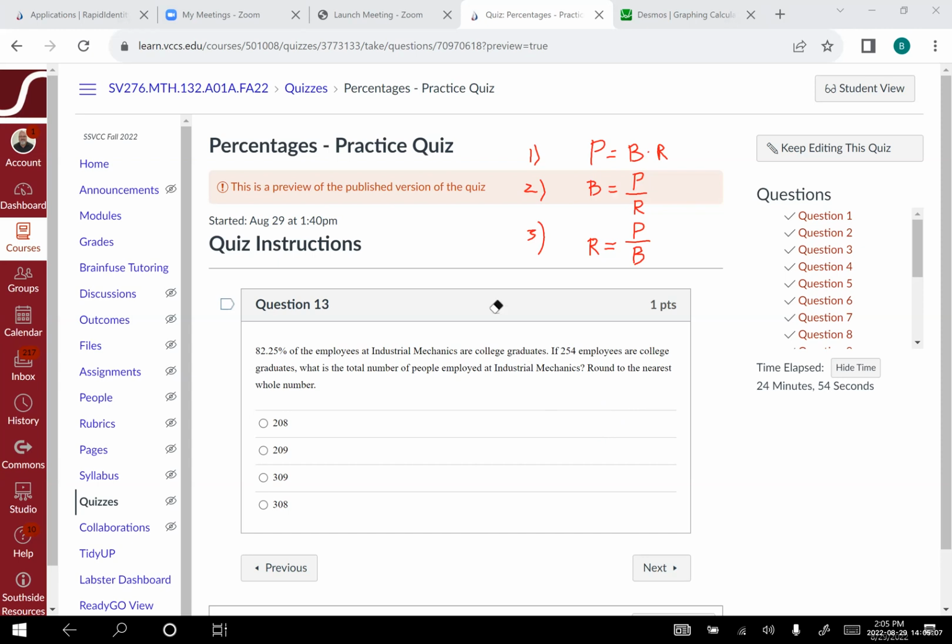82.25%. I know what that is already. That's my rate. Of the employees at Industrial Mechanics are college graduates. If 254 employees are college graduates, what's the total number of people employed? So this sounds like the part here, because those are just the college graduates, and I'm looking for everybody. So base equals 254, the part, divided by the rate, written as a decimal, 0.8225.